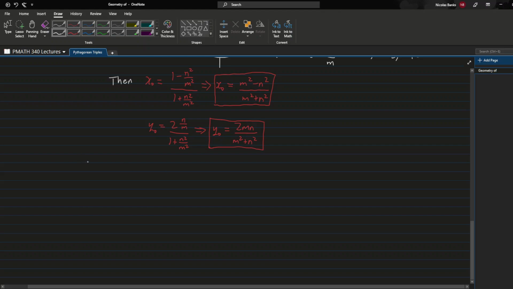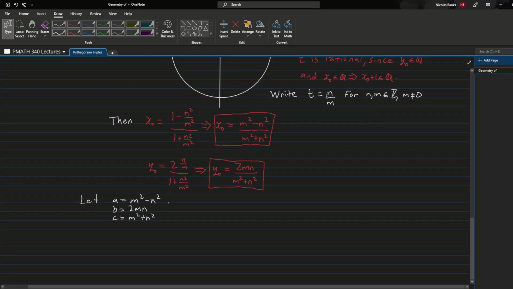Let a equal the numerator of x0, it's m squared minus n squared. b is the numerator of y0, 2mn. c is the denominator, m squared plus n squared. So clearly a, b, and c are all integers because m and n were both integers, we said. We defined t as n over m up there.